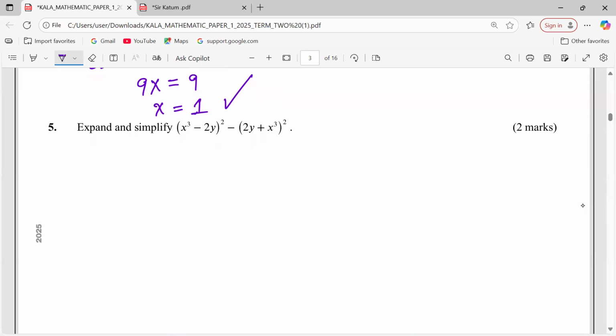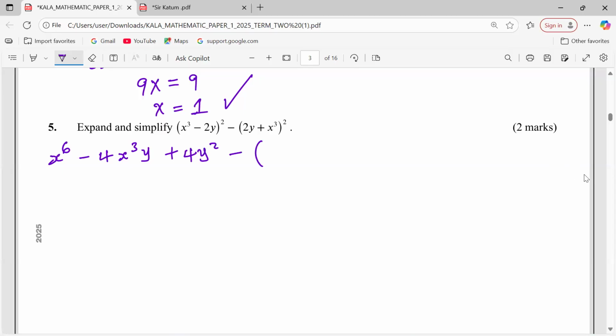Squaring the first part, we need x power 3 squared, making it x power 6. Then minus, because of the negative sign, x power 3 times 2y times 2, making it 4x power 3 y. Then plus negative 2y squared, making it 4y squared.